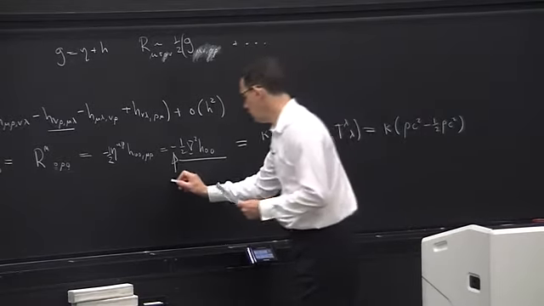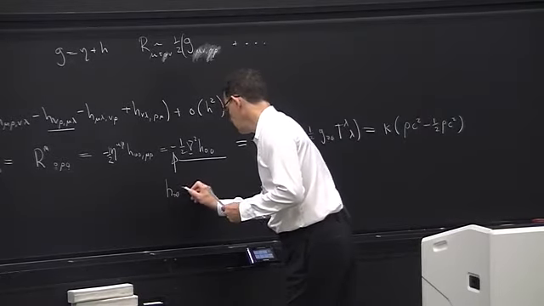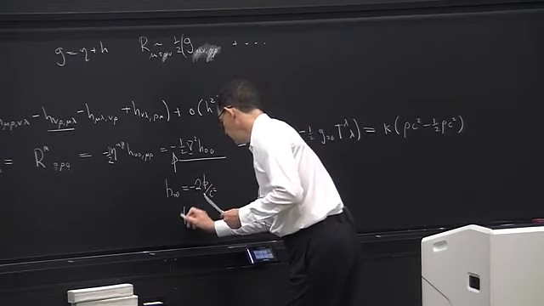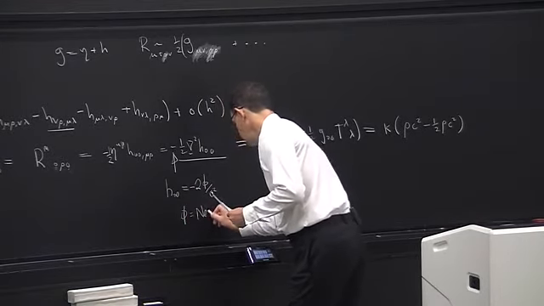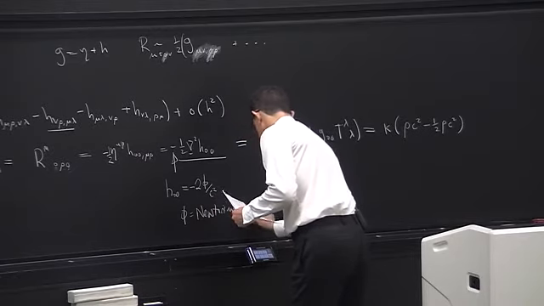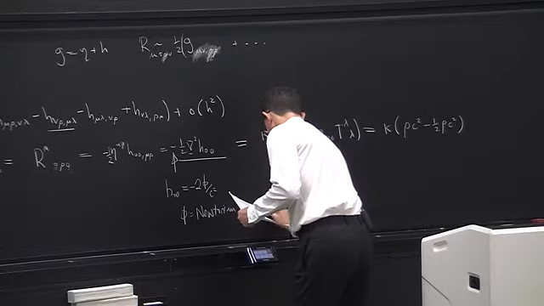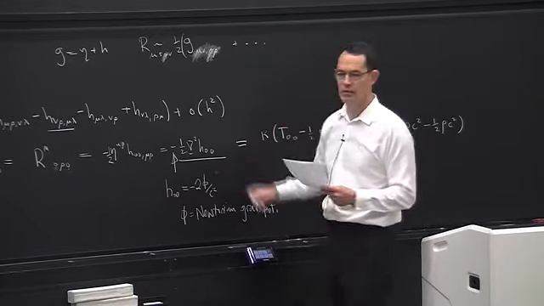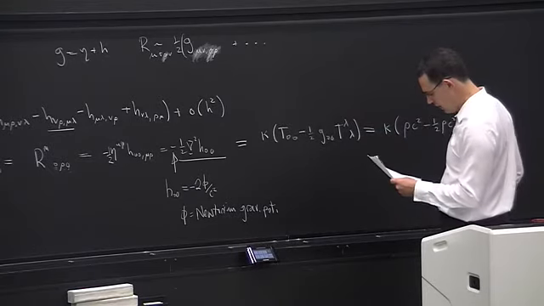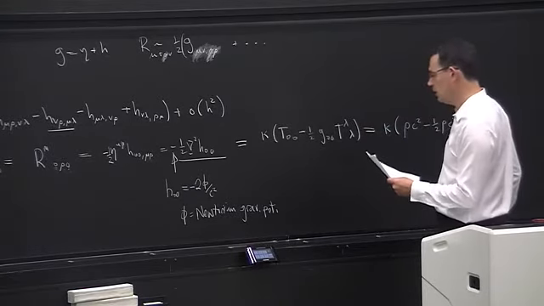And we'd already seen earlier that h00 was equal to minus 2 phi over c squared, where phi is the Newtonian gravitational potential. Okay, we did that from the geodesic equation, comparing it with F equals ma for gravity.